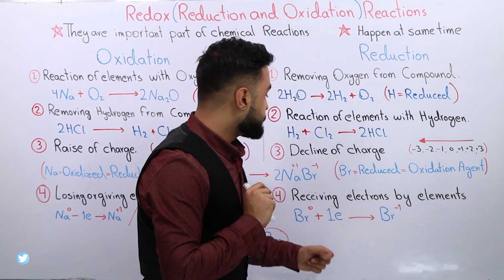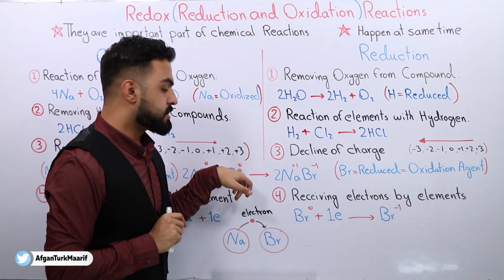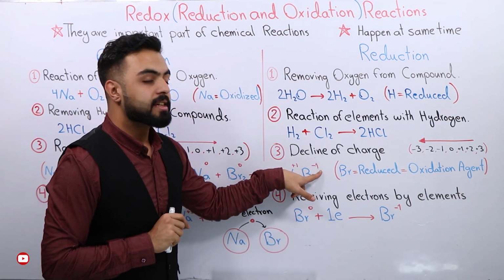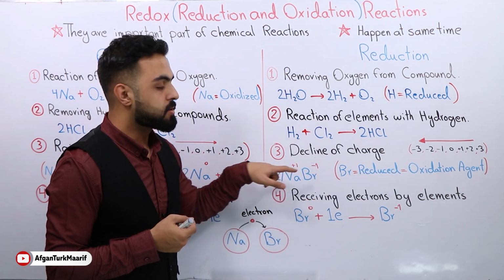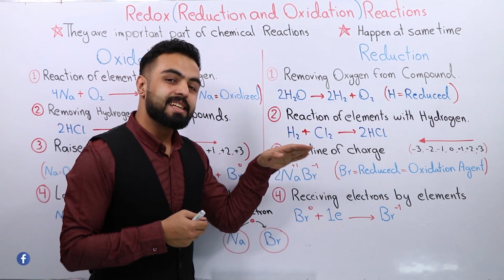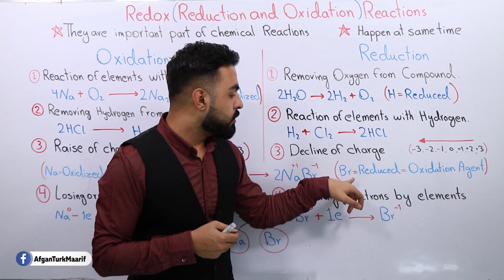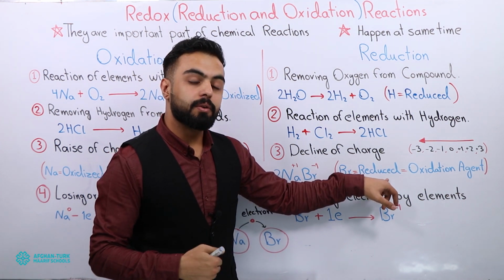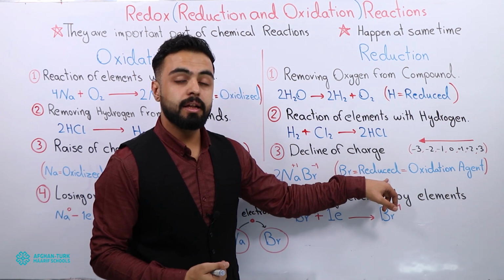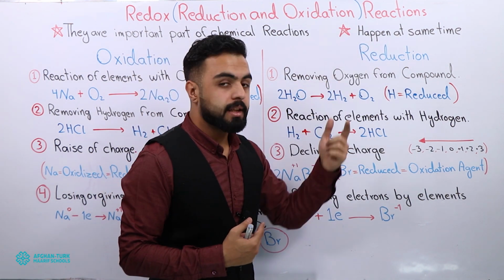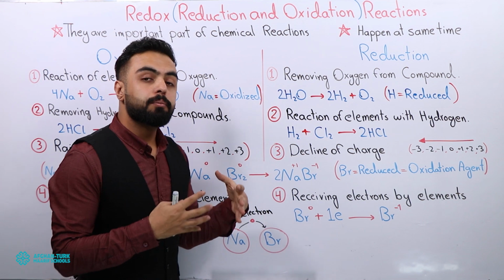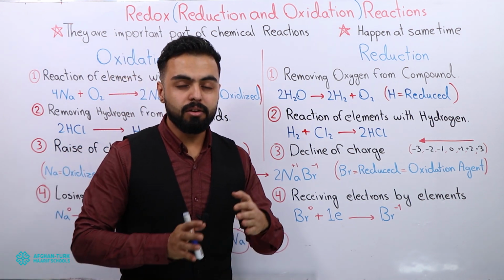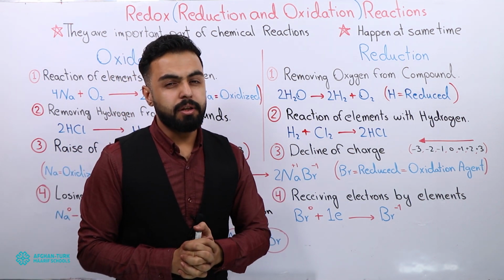Here the charge of bromine is 0 and it is decreased to negative 1. So from 0 to negative 1, it is declined. So we call that bromine is reduced, or the reduction happened here. So as we said, they happen at the same time. Here, one part is oxidized and the other part is reduced.